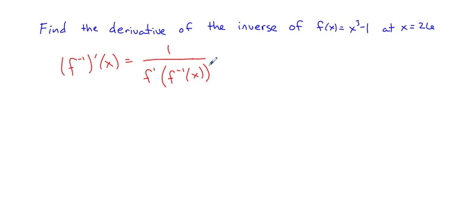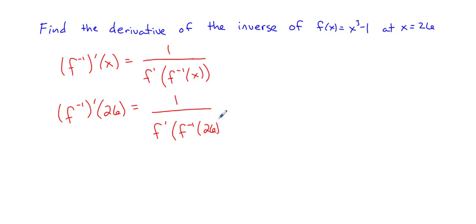All right, for the first time, I'll substitute 26 in to maybe help clarify some things. So the derivative of the inverse evaluated at 26 equals 1 over the derivative evaluated at the inverse of 26.